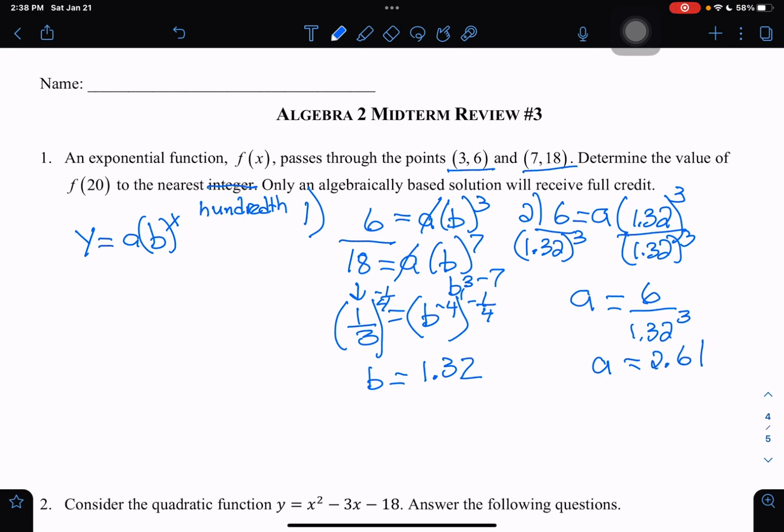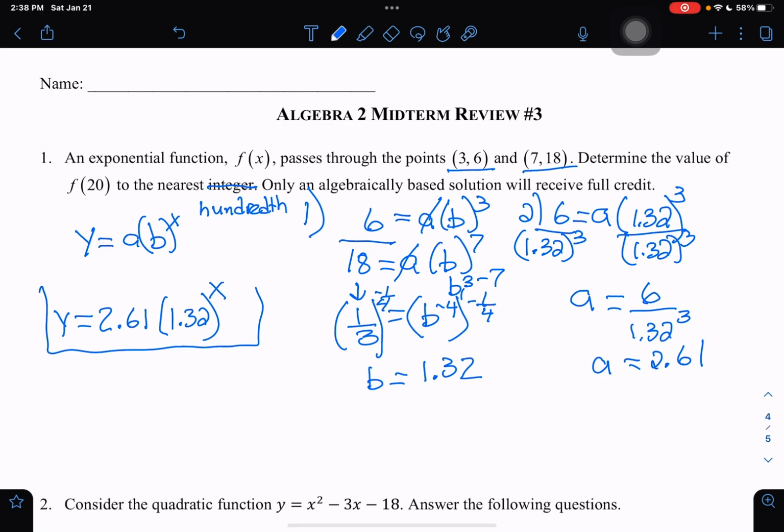Okay, so now we have our equation: y equals 2.61 times 1.32 raised to the x power. That's one part of the answer.